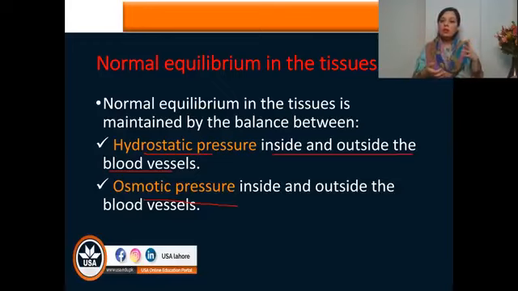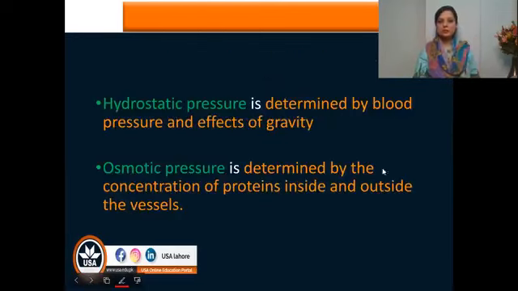If there is a high osmotic pressure in an area, the fluid will move from low osmotic pressure towards the high osmotic pressure, because where there is more concentration, fluid tends to move towards that area and tries to make an equilibrium. So this is the basic physiology of hydrostatic pressure and osmotic pressure.